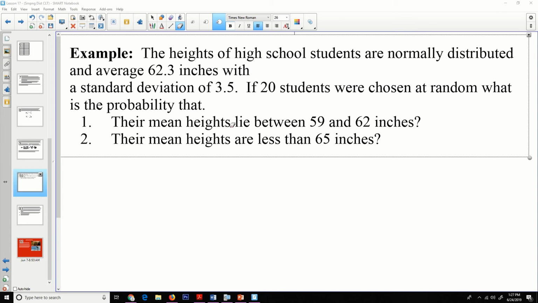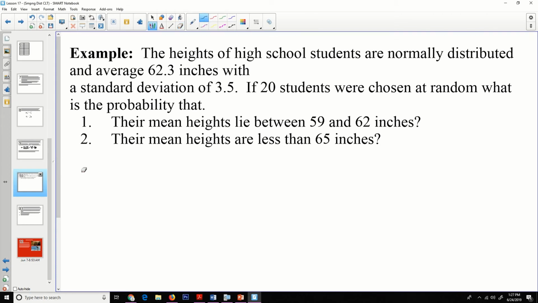And since they're asking that, now we're talking about the central limit theorem. So for us to make this calculation, the first thing that we have to do, number one, is calculate the standard error.